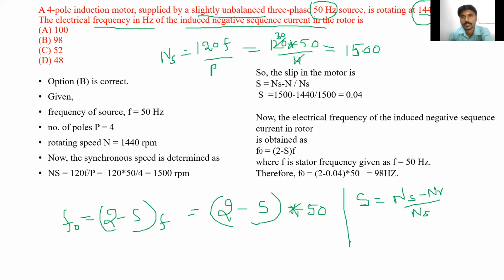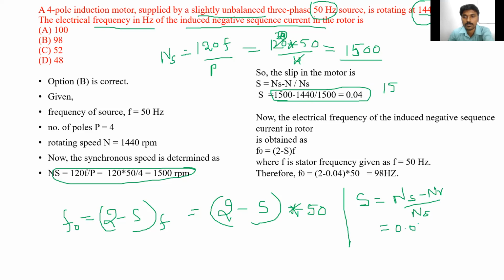Okay, 1500. So substitute in this equation: 1500 minus 1440 divided by 1500, that is equal to 0.04.